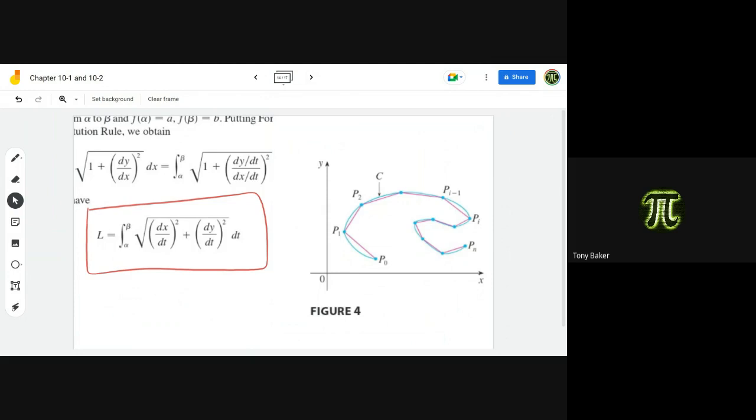If this was a function given in terms of f of x, which I know it's not, but if the equation went back on itself, you would have had to break down your integral and look at each of those individual pieces. Since I have a parameter and I'm doing everything based on the parameter, I don't have to worry about it going back. When I do the arc length from here to here, it gives me the entire arc length of the entire thing, even though it goes backwards, because the parameter is still going in one direction.